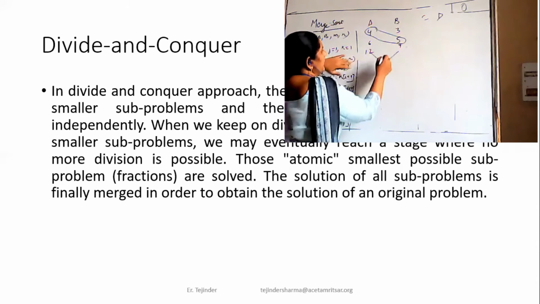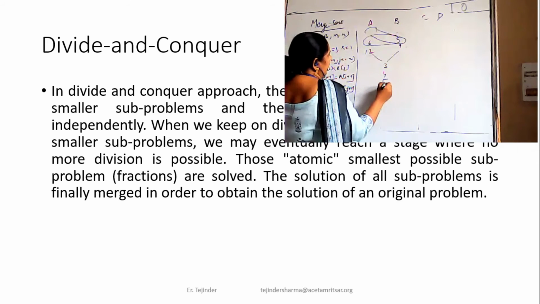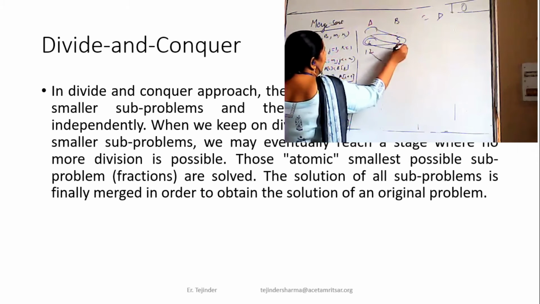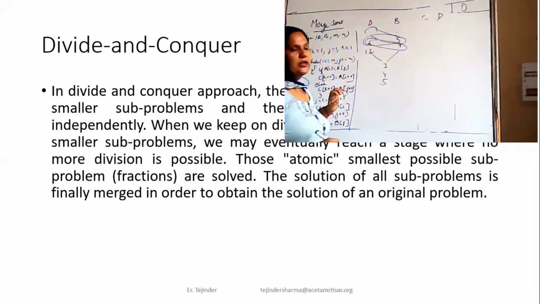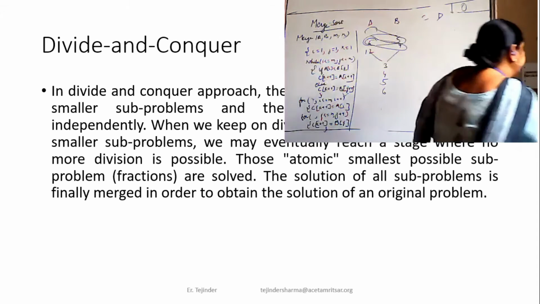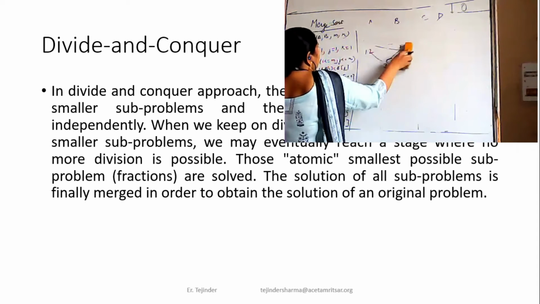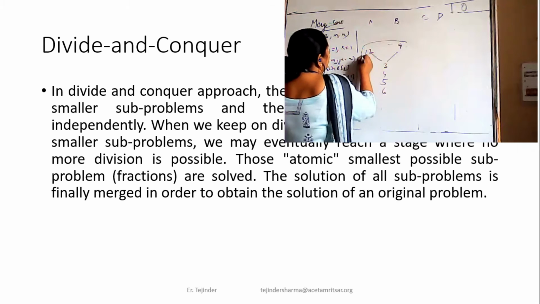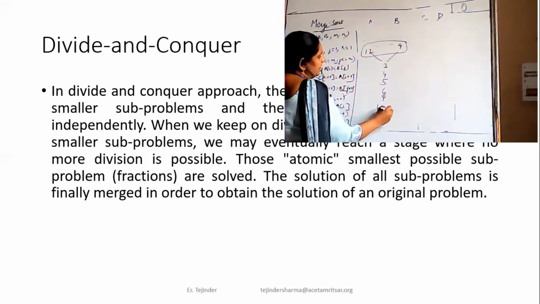You will get 4. Now 4 gone, 3 gone. Compare 5 and 6. You will get 5. Now compare 6 and 9 because I will be equal to 2 and J will be equal to 3. Comparing 6 and 9, we will get 6. Now comparing 9 and 12, you will get 9, then you will get 12.